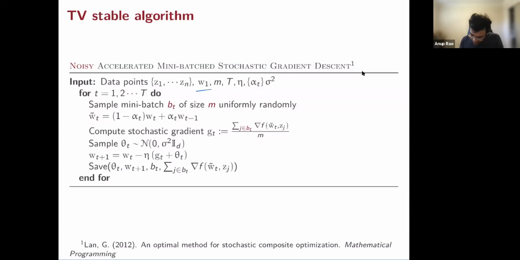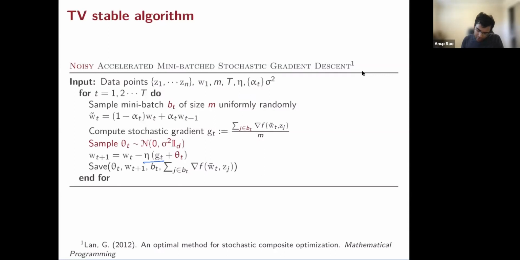We start with some initial point W1. At each iteration, we sample a set of indices of size M uniformly randomly. There are n indices because there are n data points, and we compute the gradient on this mini batch of indices. We compute the average gradient, and then we take a gradient step.